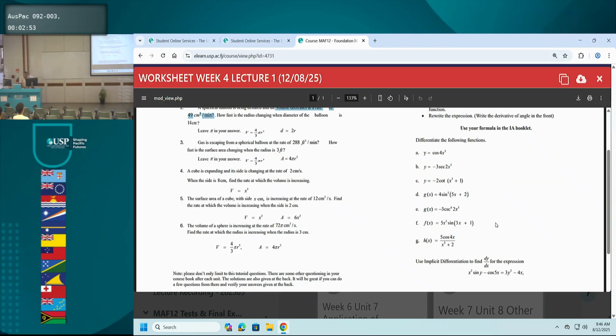Which one shall we try out? F. Let's do F and G. F is 5x cubed sine 3x plus 1.